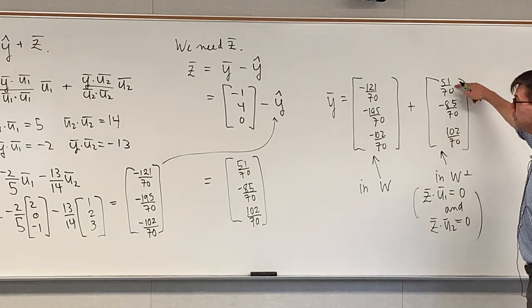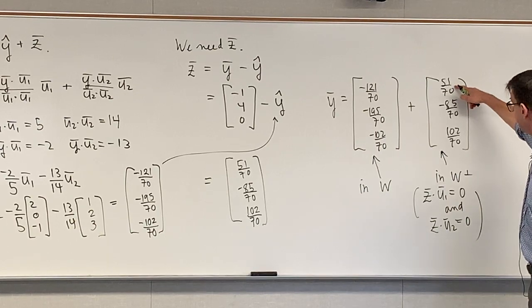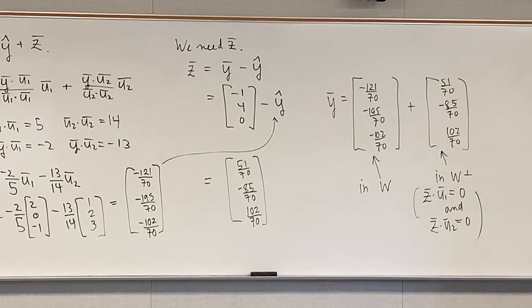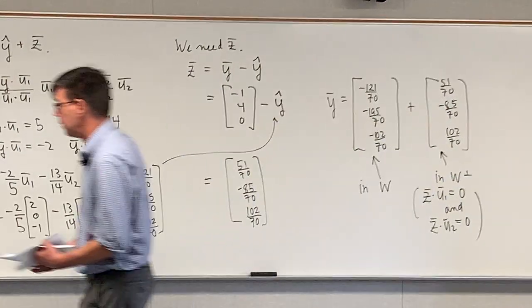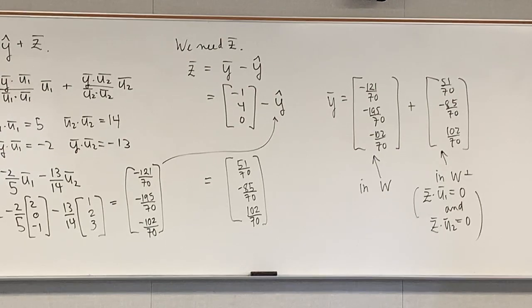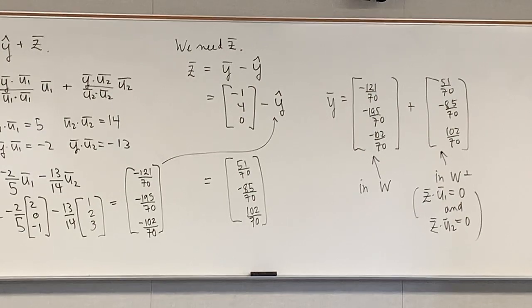I have to take 2 times this fraction, which is 102/70, minus this fraction, and it is 0. So I did z dot U1. You can do z dot U2, because it's more complicated. That's just the point of that exercise. So don't panic. I can't give you that messy because of a fraction issue, because I would not want to correct it.